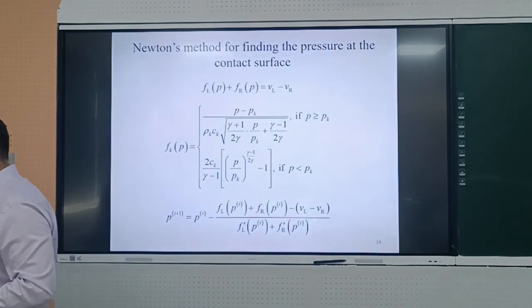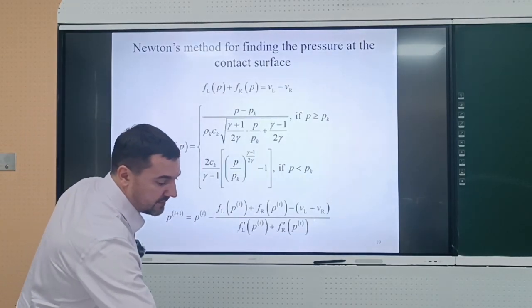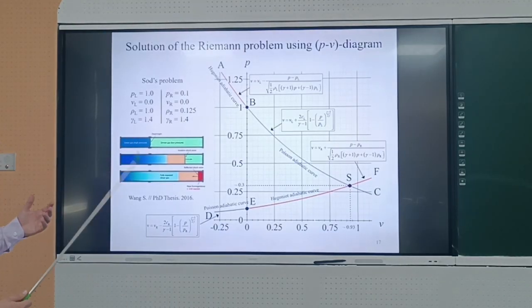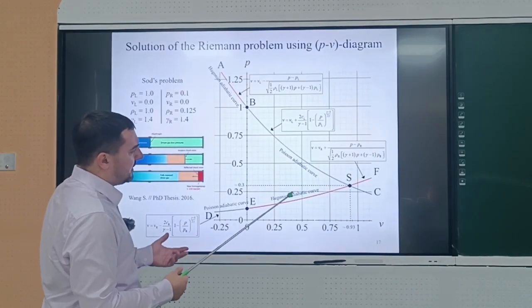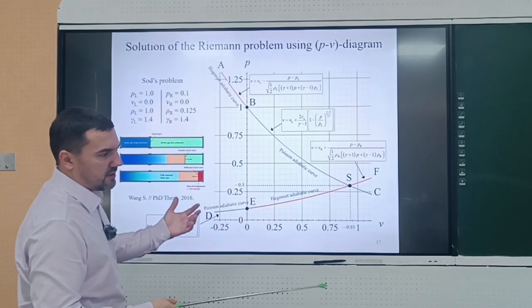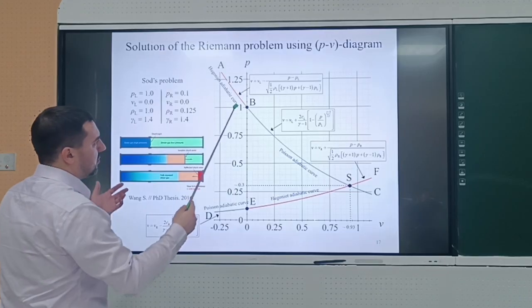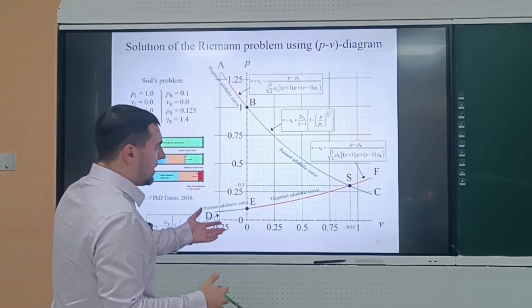How can we find these values, PC and VC? The problem is that it's not possible to find them analytically. Actually, it's not very difficult, but these curves are defined not using differentials or integrals, they're just algebraic formulas with roots, powers and so on. It should be defined numerically.